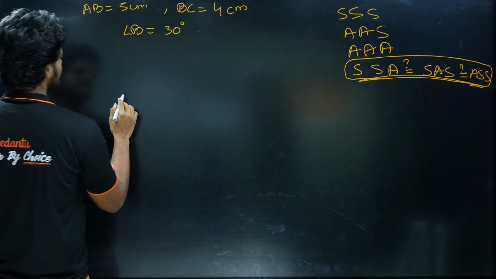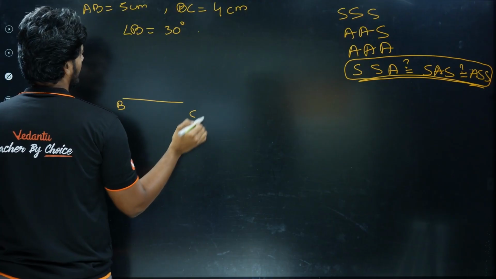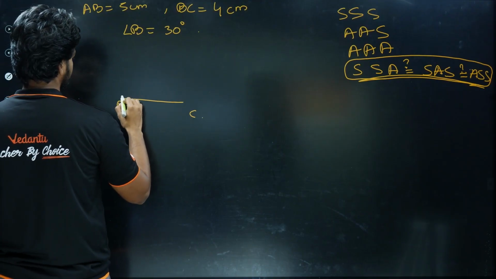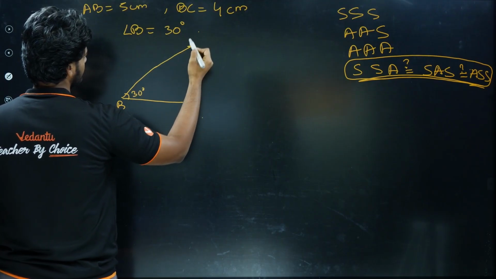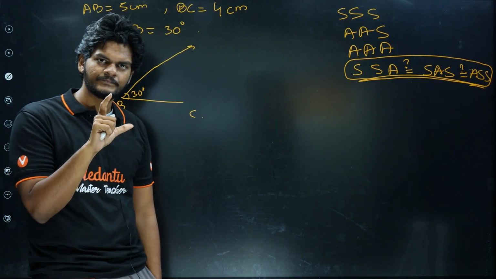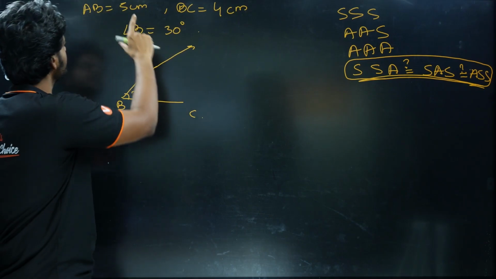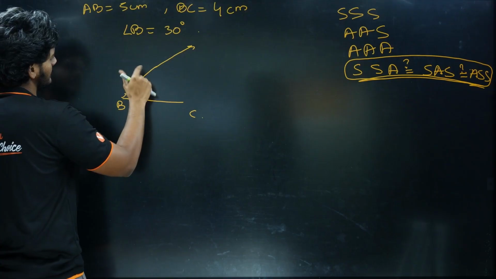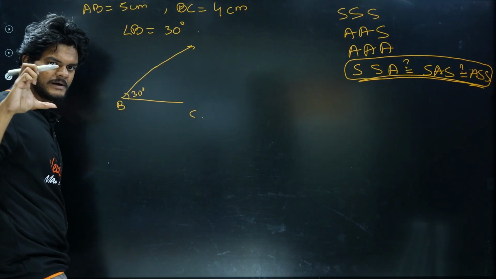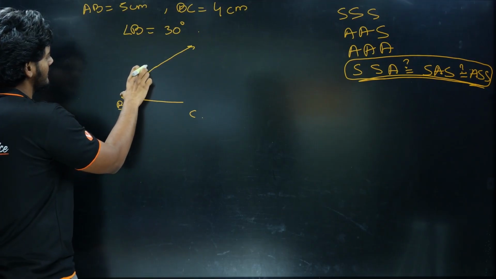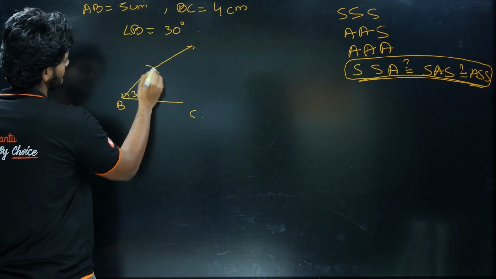So it is easy to see that if we draw BC and I take angle 30 degrees here, I keep extending it. You take the compass, measure a distance of 5 centimeters and cut it. I'm pretty sure this is not 5 centimeters.